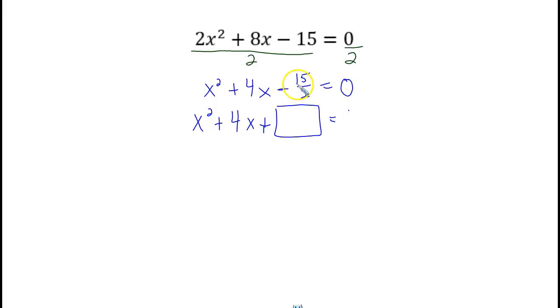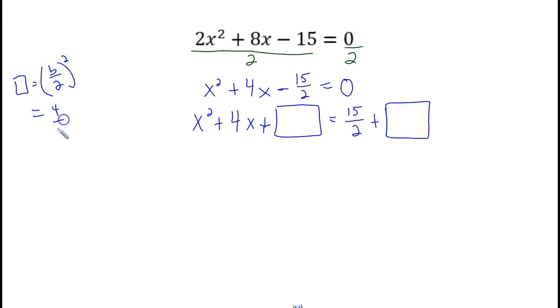So since it's minus 15 over 2, I'm going to add it to the other side, and I'll have plus a space over here. Now I've got to figure out what goes in this space, so I kind of come off to the side, and remember what goes in the space is b over 2 squared.